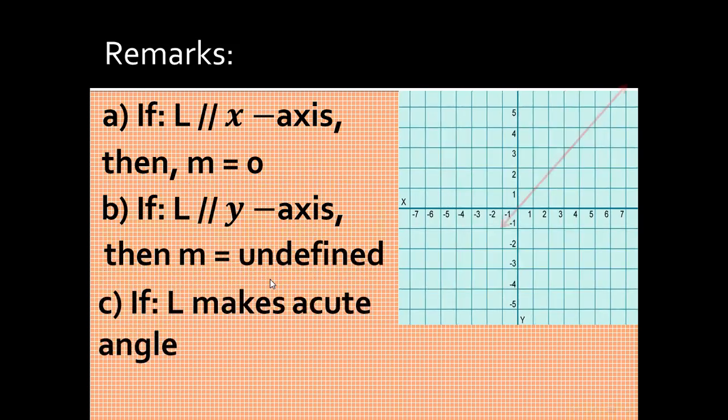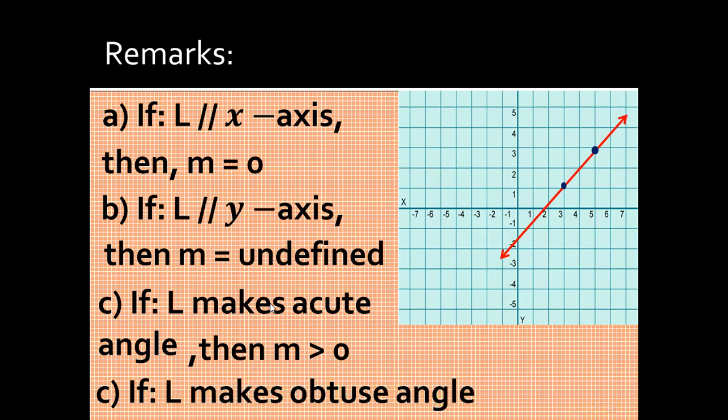And if the straight line makes an acute angle with the positive direction of the x-axis, that means the slope of this straight line is going to be positive, or more than 0.